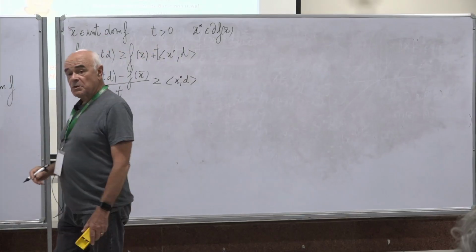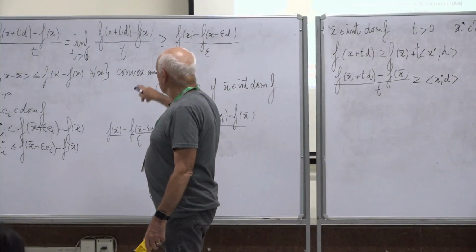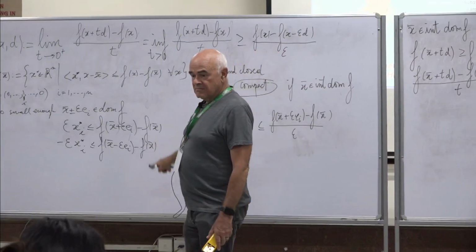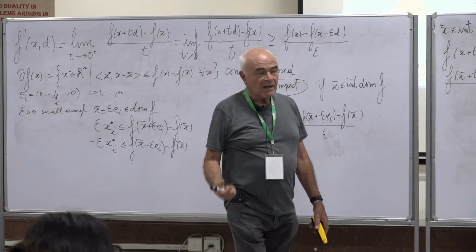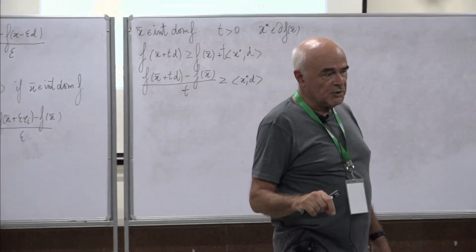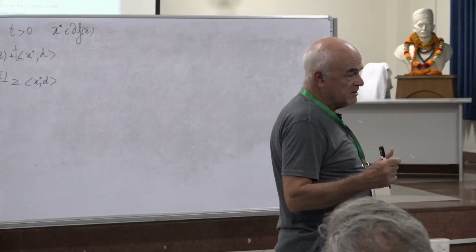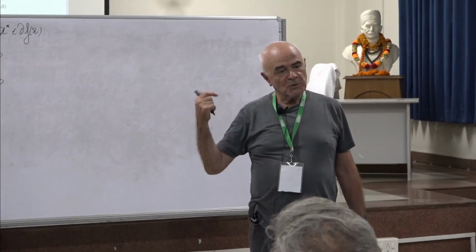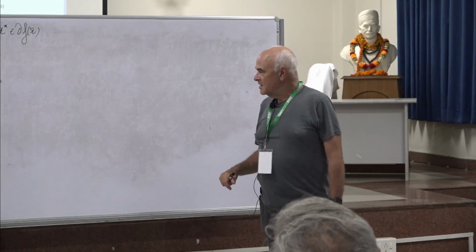By the way, this should be an alternative way of proving that this infimum is finite, after we have proved the existence of a subgradient on the interior of the domain, which we did this morning. Okay, so now you have two proofs of the same fact.